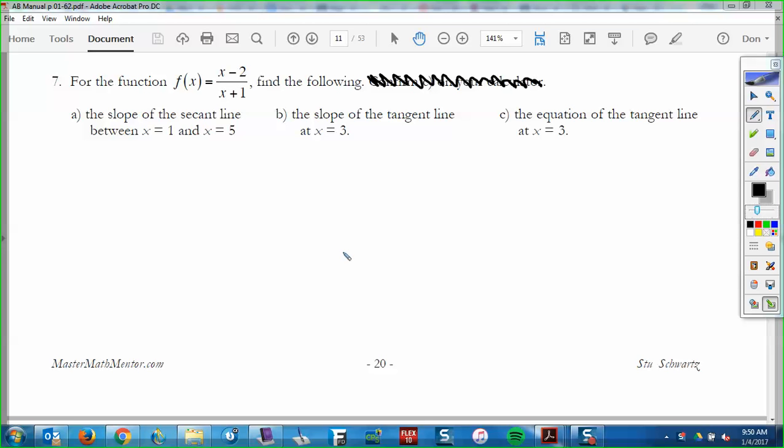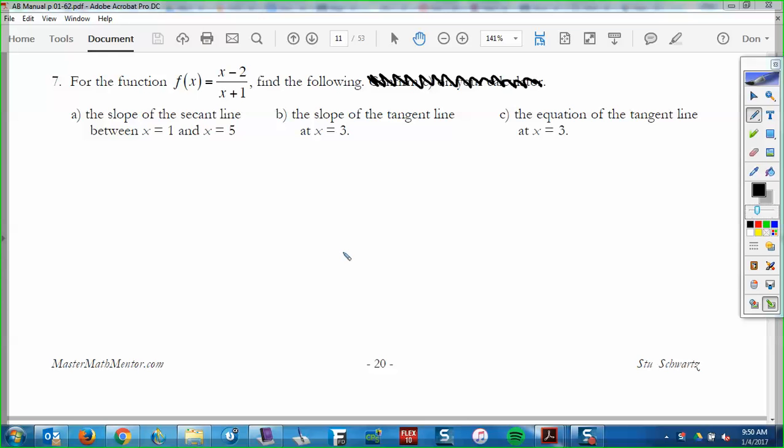So you just need to find the y. Let's plug in x at 1. So the first coordinate is 1, negative 1/2.